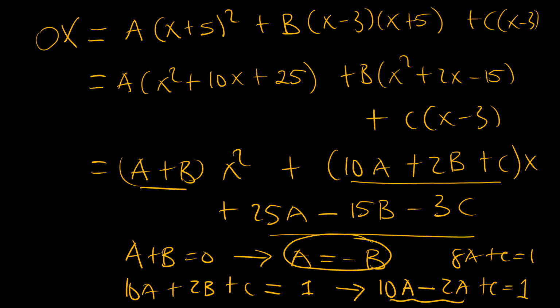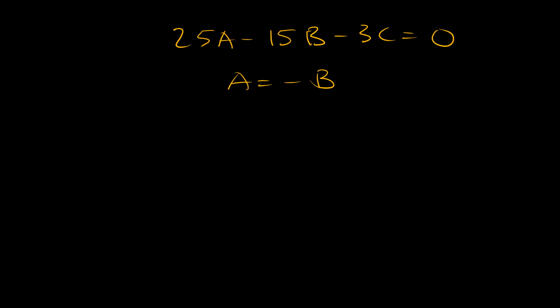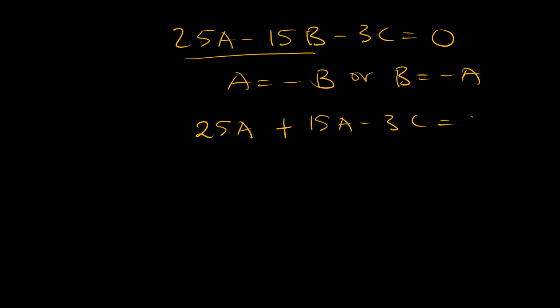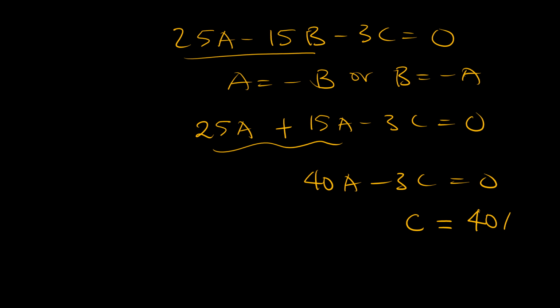The same thing we can do here. 25a minus 15b minus 3c equals 0, and since b is equal to negative a, that means we can say 25a plus 15a minus 3c equals 0. So essentially this is 40a minus 3c equals 0. So what this tells us is that c equals 40a over 3.